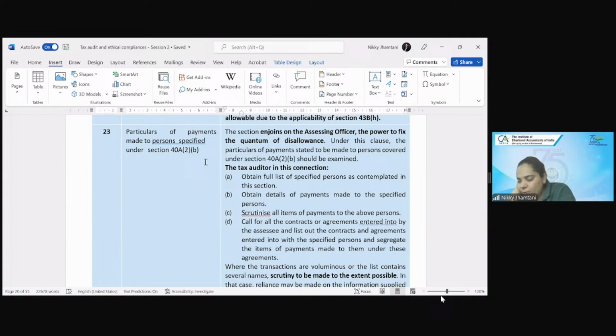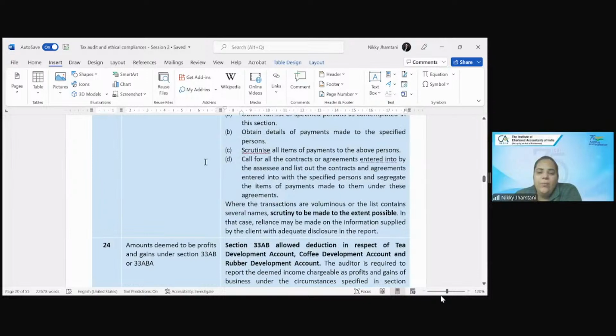What is the tax auditor required to examine here? It is required to obtain a full list of specified persons as contemplated in this section, obtain details of payments made to the specified persons, scrutinize all items of payments to the above persons, call for all the contracts or agreements entered into by the assessee, and list out the contracts and agreements entered into with the specified persons and segregate the items of payment made to them under these agreements.